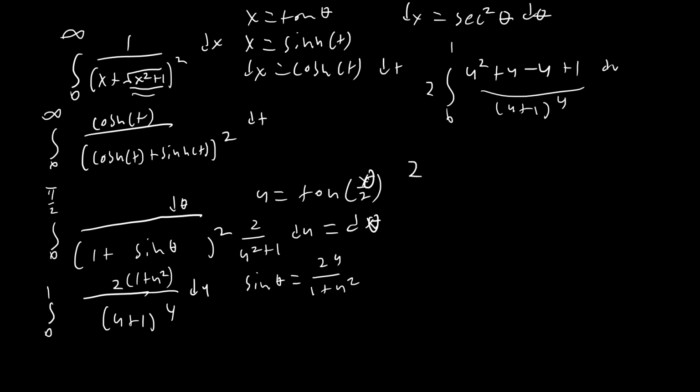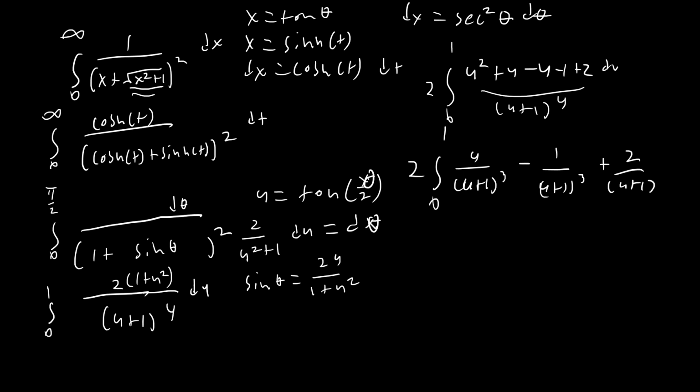So we have 2 times the integral from 0 to 1, and then we're going to end up with just u over (u plus 1) cubed, let's do minus u minus 1 plus 2, so minus 1 over (u plus 1) cubed plus 2 over (u plus 1) to the 4th du.